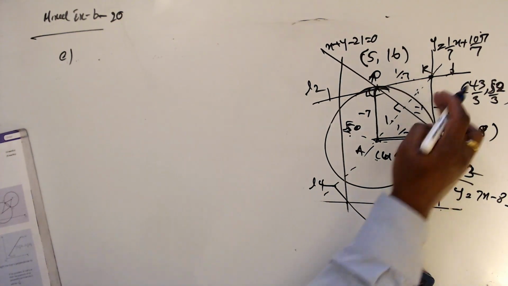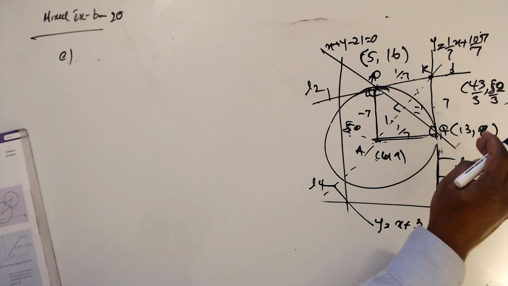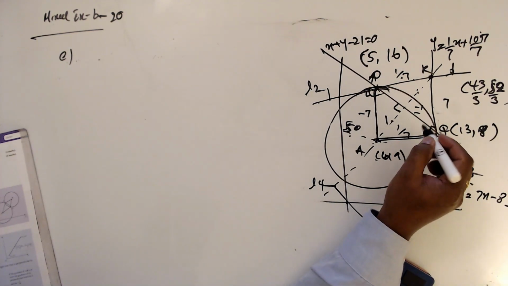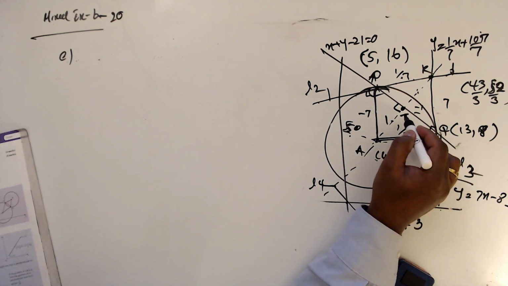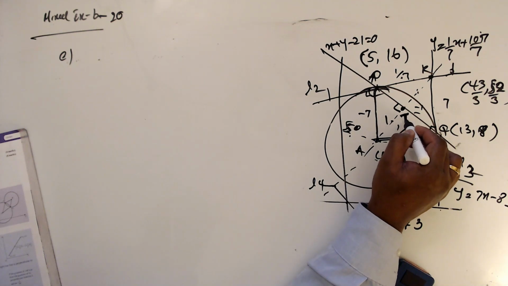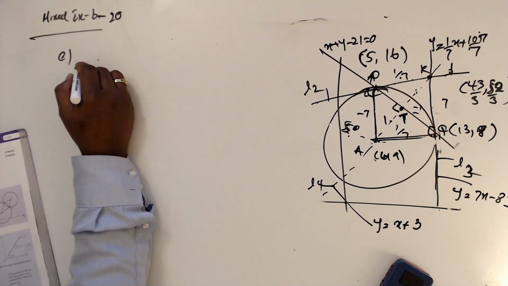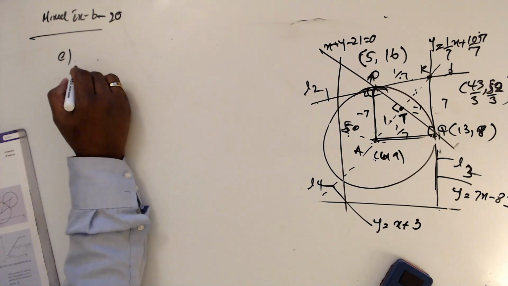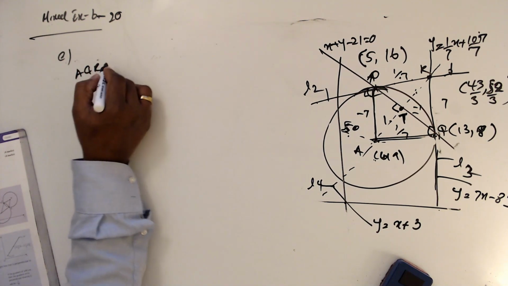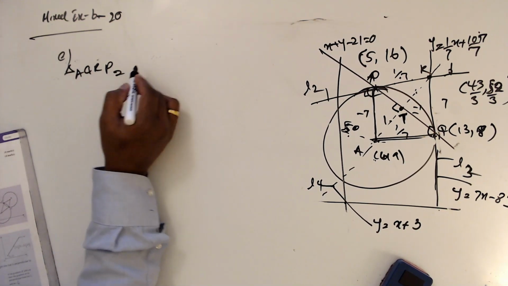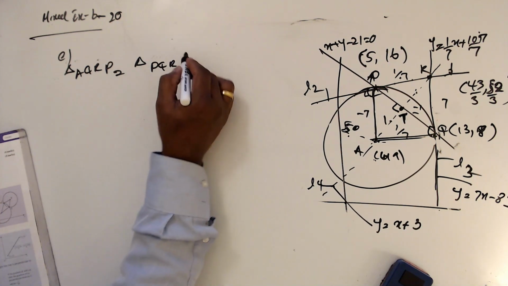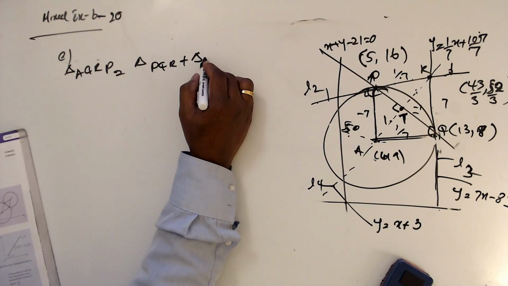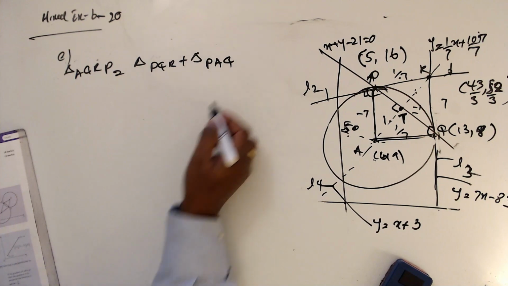Part A, actually these are not parallel, this is 7. Part E, I'll take this point T, capital T. So the area we want to find, AQRP, equals PQR plus PAQ.